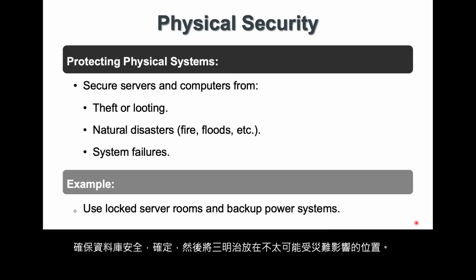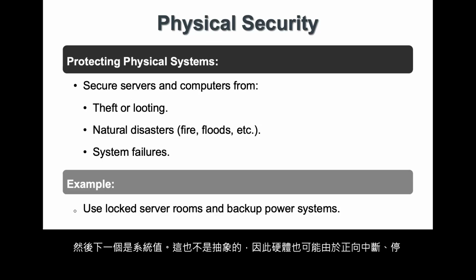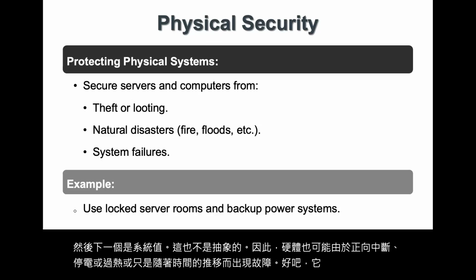And then the next one is system failure. This is another threat also. The hardware can fail due to a power outage, or overheating, or just wearing over time. It's very old, so it will fail.